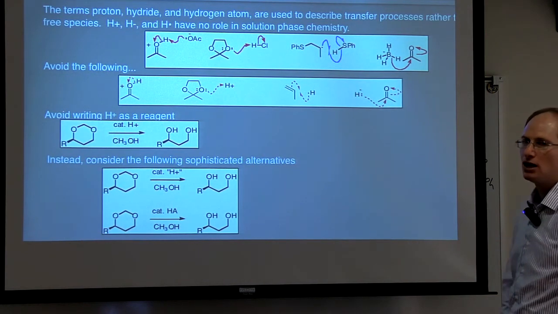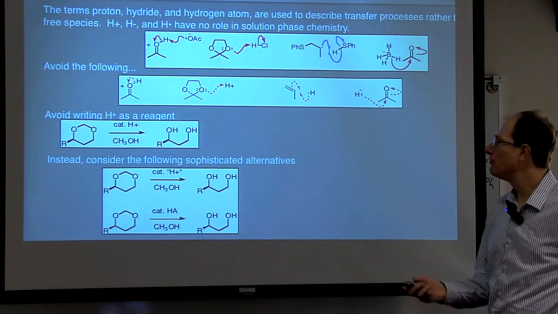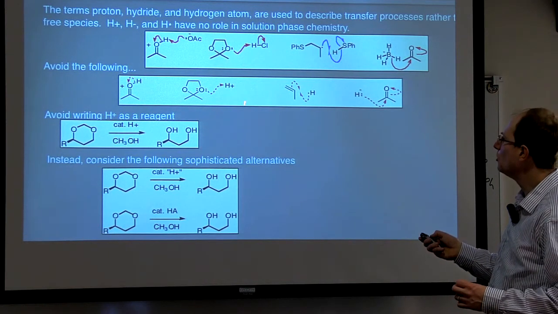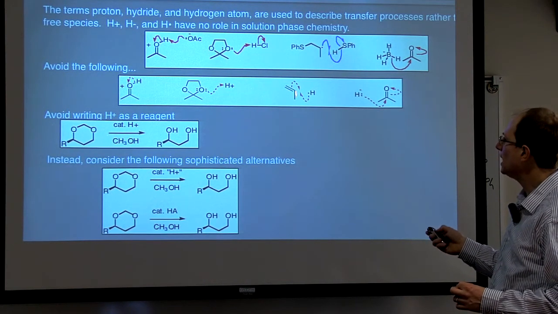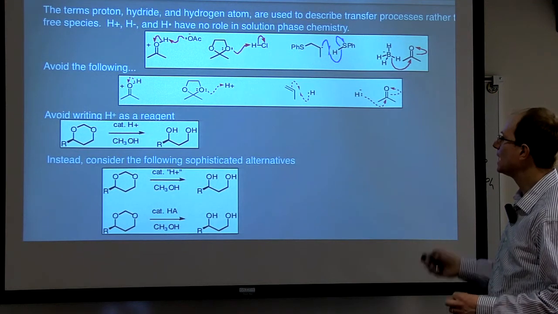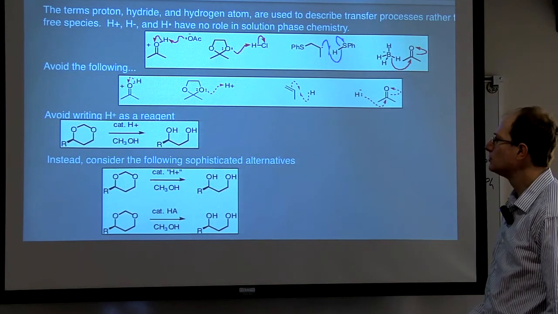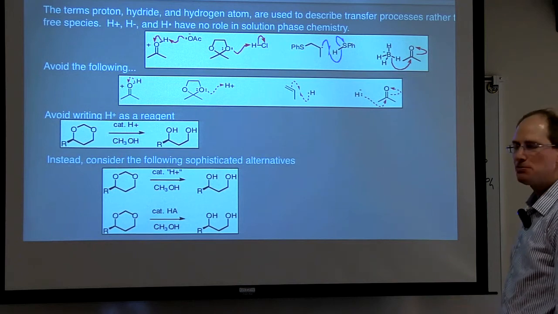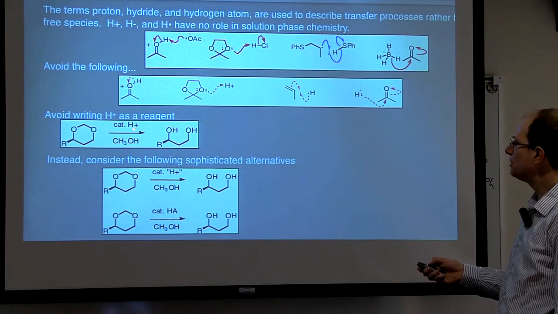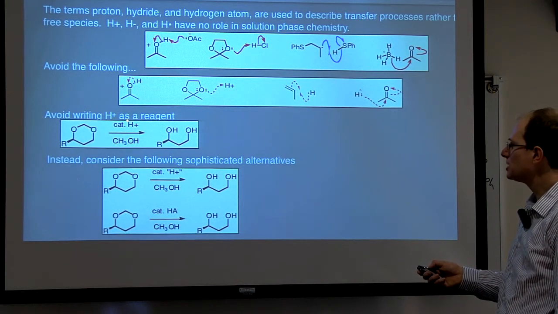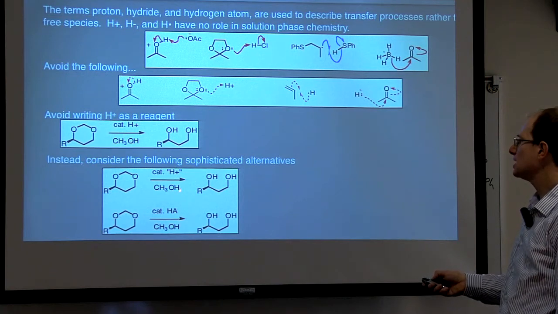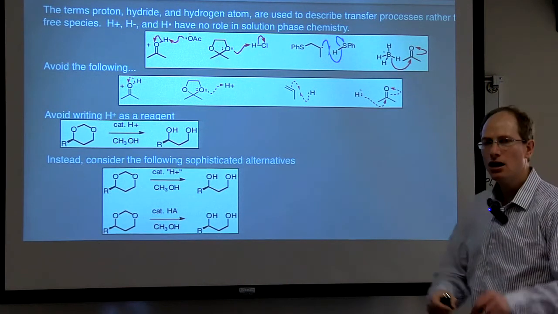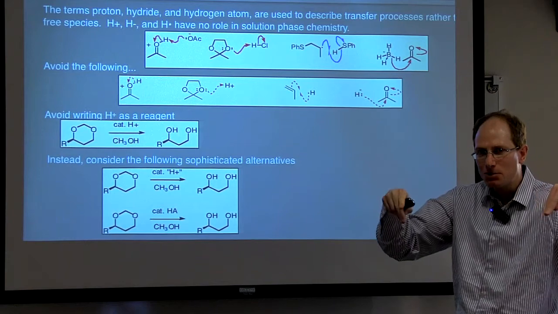Rather, in solution chemistry, we find species that can either donate a proton, donate a hydrogen radical, or donate a hydride. So what I propose you do is, instead of depicting H plus as a reagent, depict H plus as catalytic "H plus."